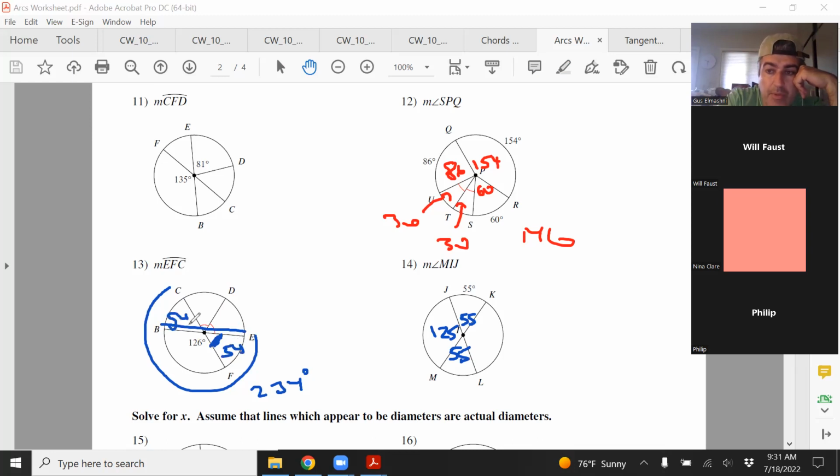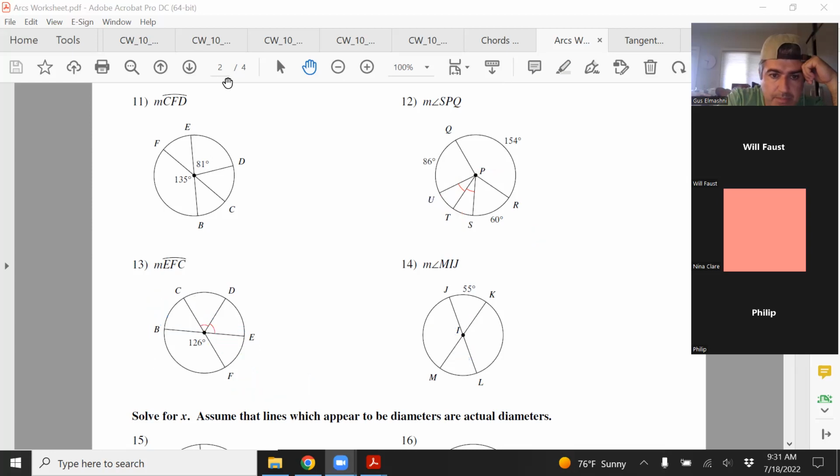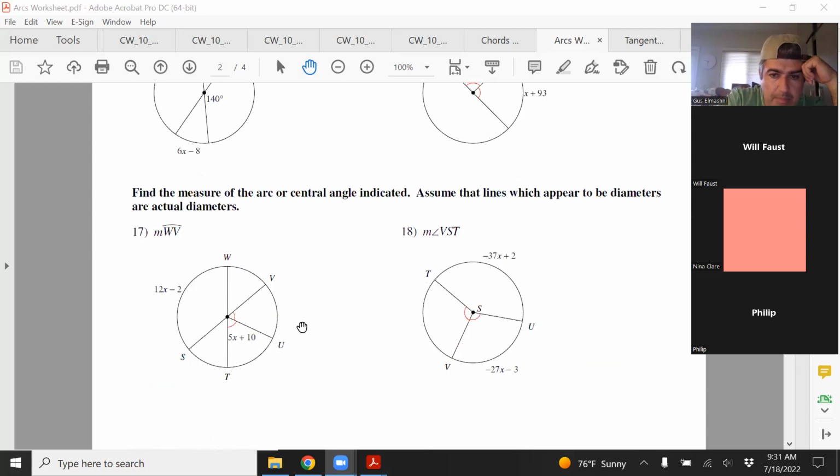Therefore, that's 54 because those are vertical angles. And then you have 126 left for the remaining two angles, and they're the same because they have the red markings. So you do 63, 63. Yeah, you want arc EFC, add them all up, you get 234. Thank you. Yeah, no problem.